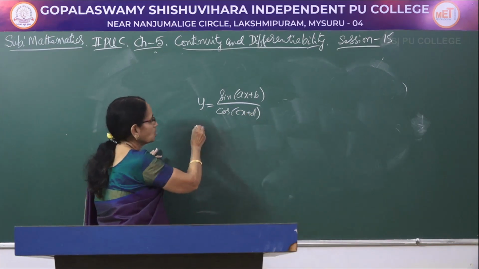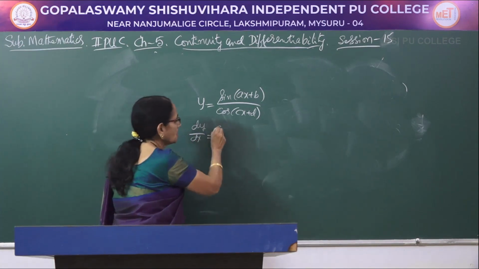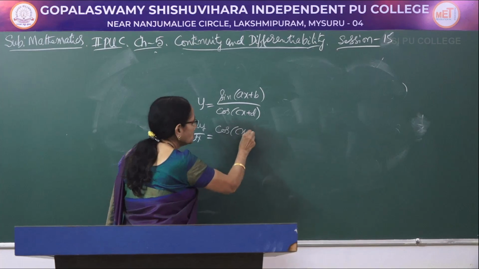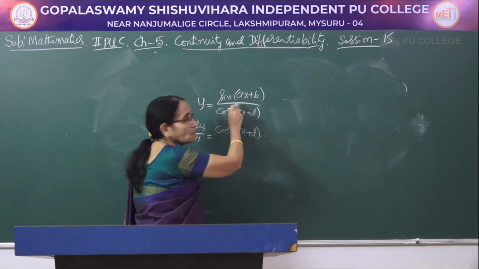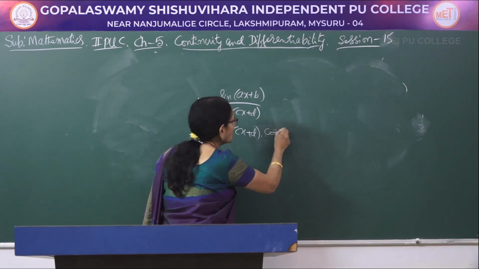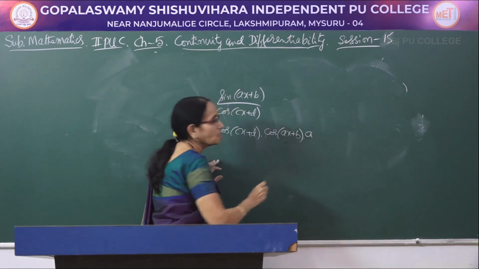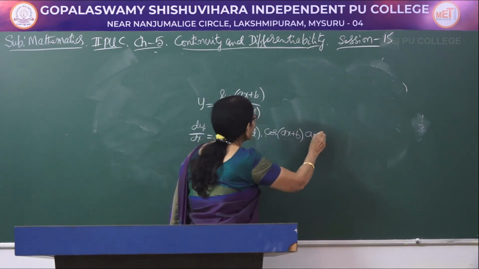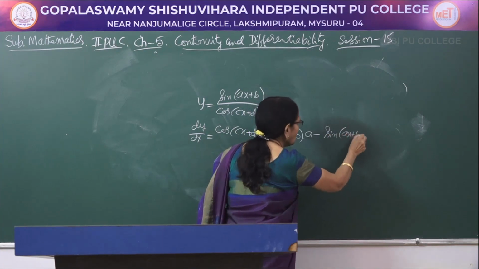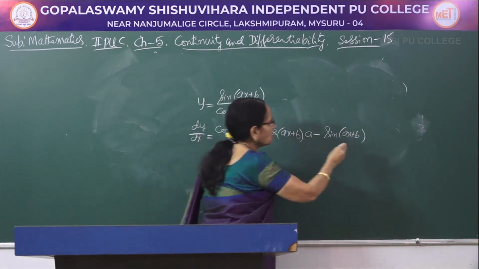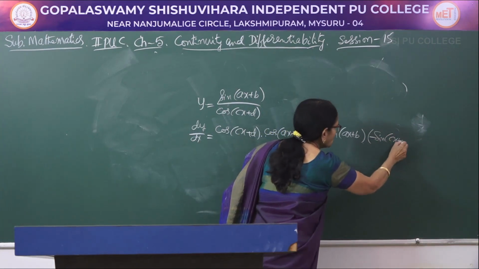Now, it is a quotient rule we are applying. You cannot do any simplification here. Denominator cos of cx plus d into differentiate the numerator. Sin of something becomes cos of ax plus b. For ax plus b, it is a, minus the numerator sin of ax plus b into derivative of the denominator is minus sine of cx plus d.